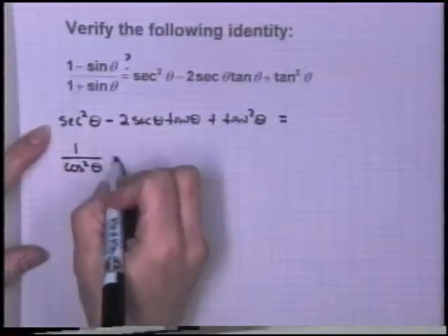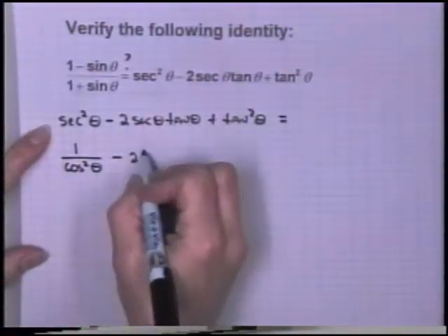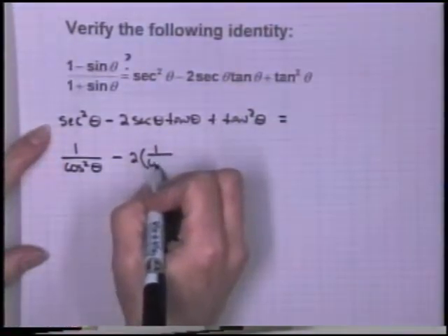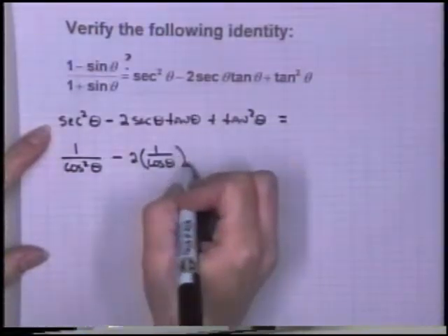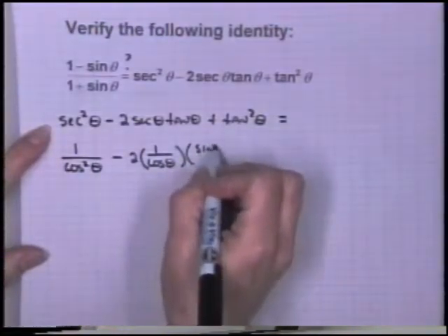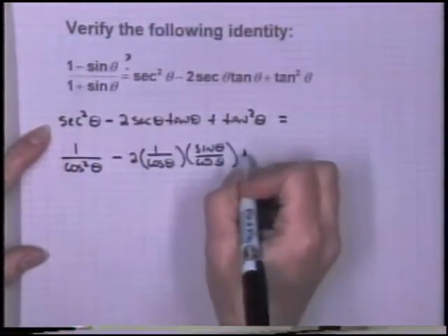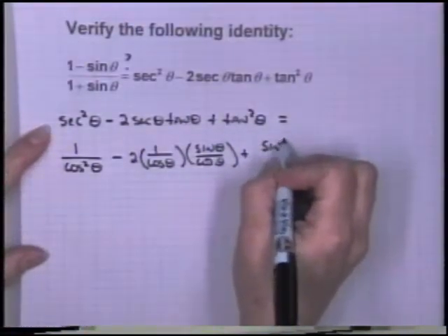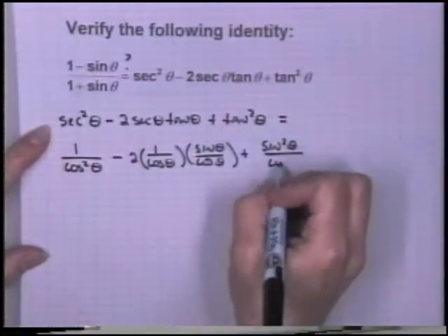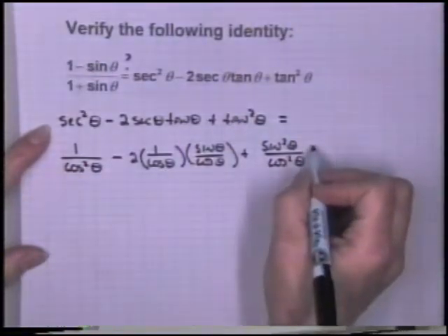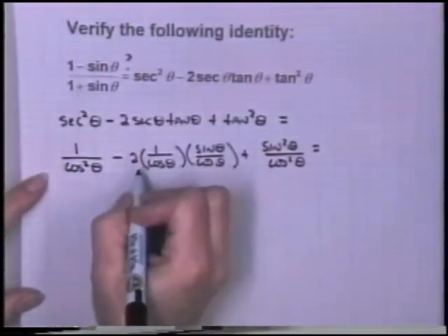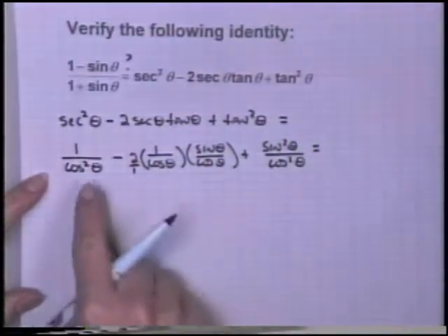Secant squared is 1 over cosine squared minus 2 times the secant, which is 1 over cosine. The tangent is sine over cosine. And tangent squared would be sine squared over cosine squared, wouldn't it?